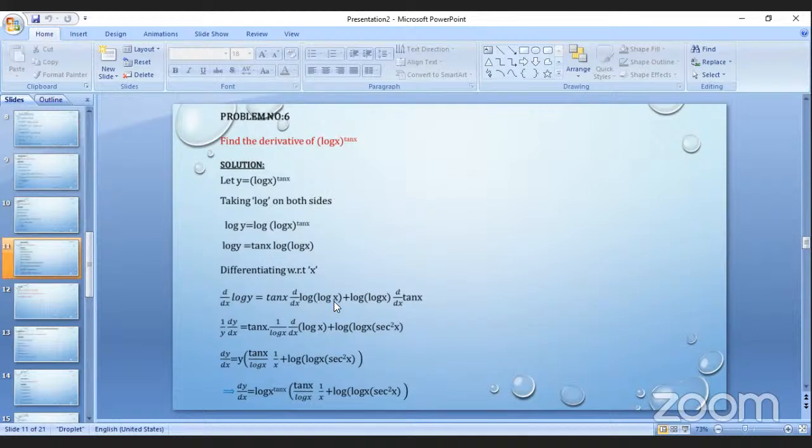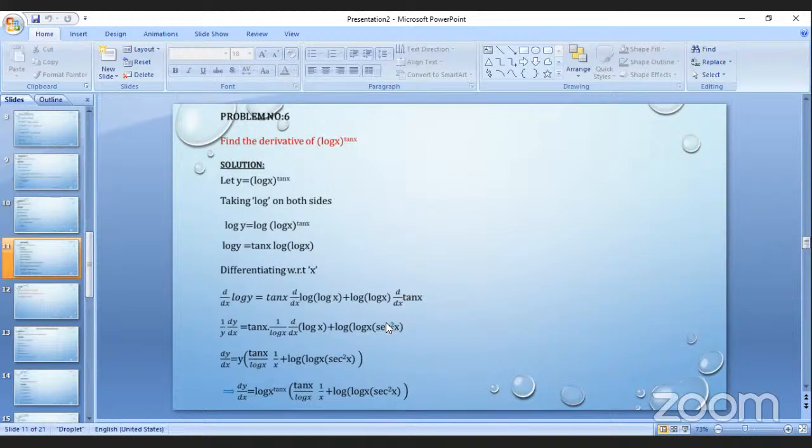Suppose log x is treated as x. d by dx of log x is 1 by x. In place of x, we write log x. So 1 by log x into d by dx of the remaining function, that is log x, d by dx of log x, plus log of log x into d by dx of tan x, which is secant square x.